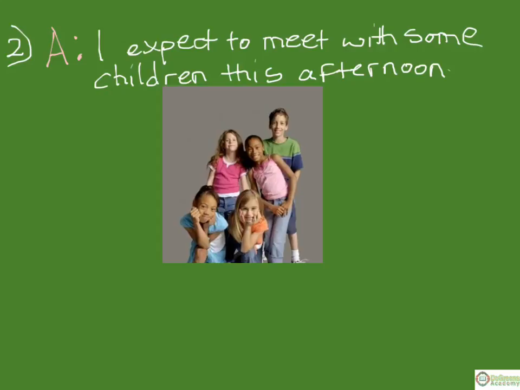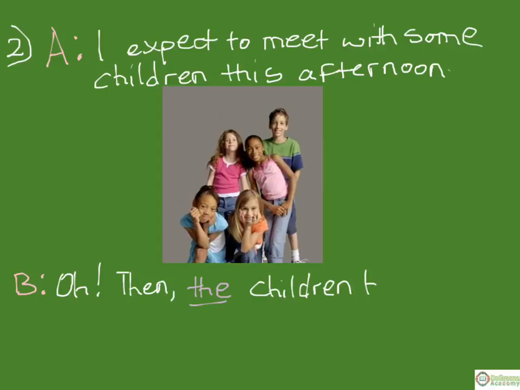A says, I expect to meet with some children this afternoon. How are we going to use now the definite article? Let's look at what B has to tell us. Remember, children, which is a noun, has already been mentioned.